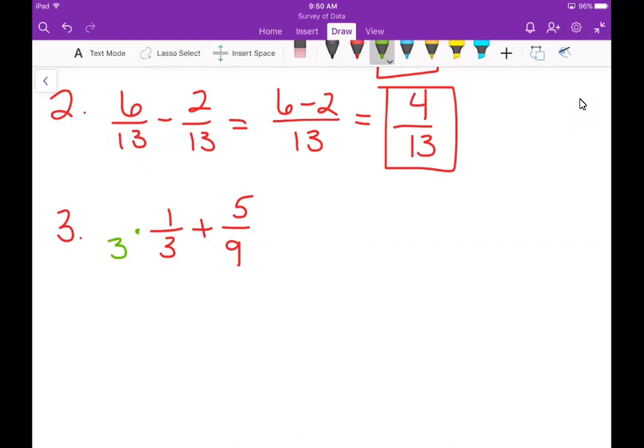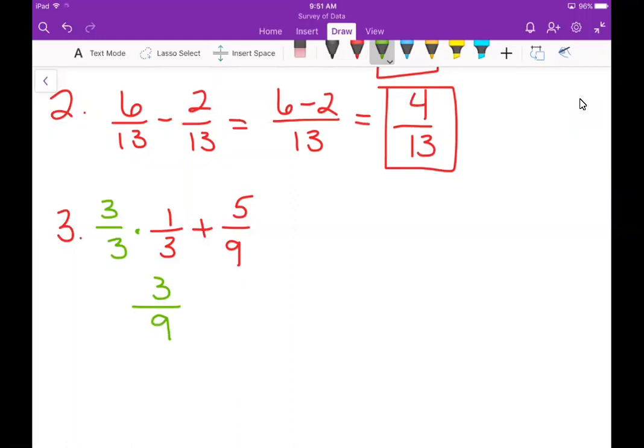But the problem is I can't just multiply this fraction by 3, it would change it. Well, when I multiply a number by 1, it doesn't change, right? So what I'm going to do is multiply both the numerator and the denominator by that 3 to get the common denominator. So now my problem is 3 times 1 over 3 times 3.